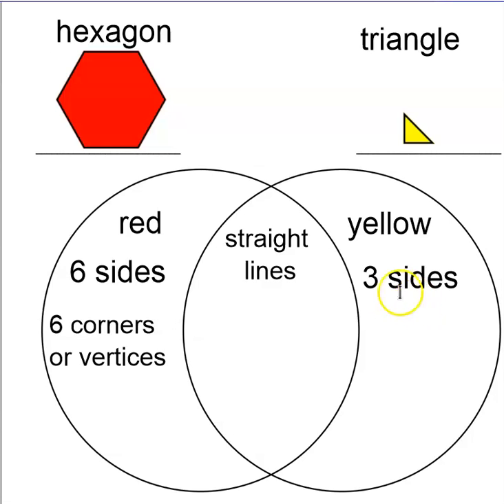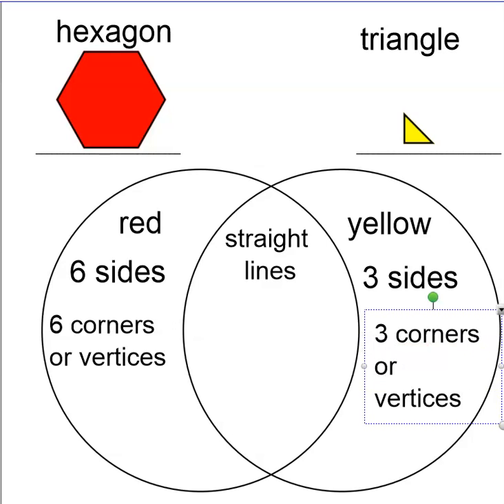Okay, so now let's think about how many corners, or we can also call that vertices, that the triangle has. Let's count. 1, 2, 3. So it has 3 corners. Or we can also call that vertices.